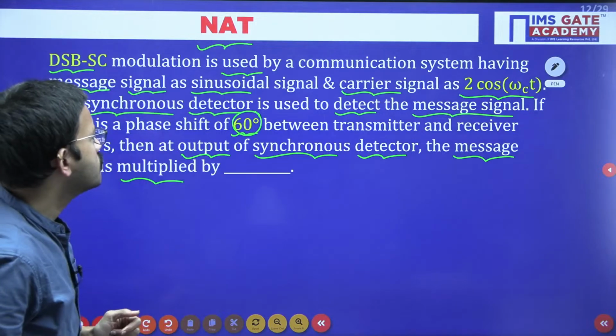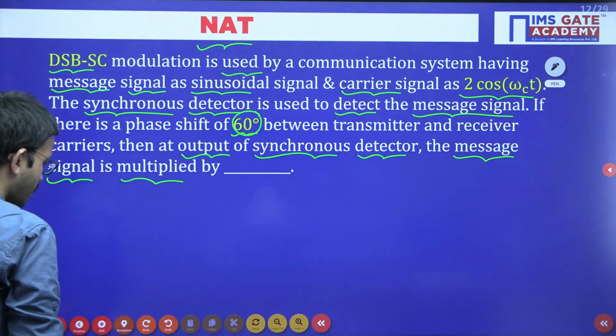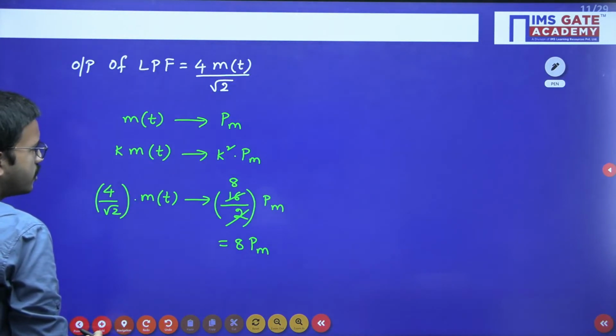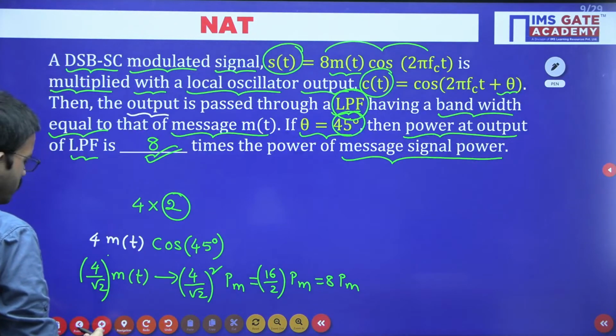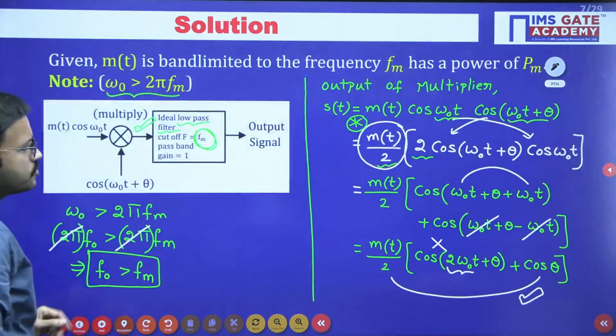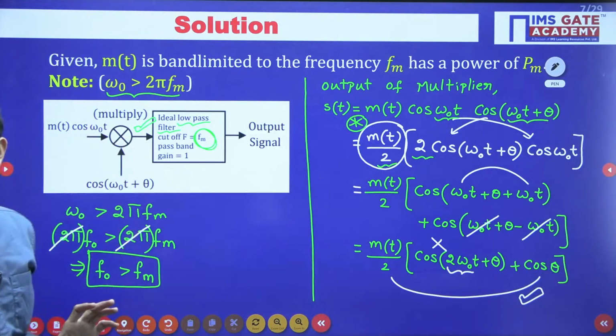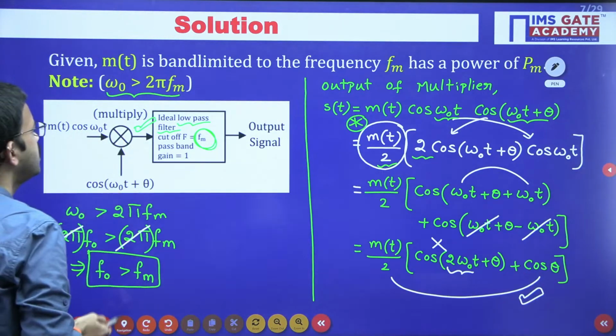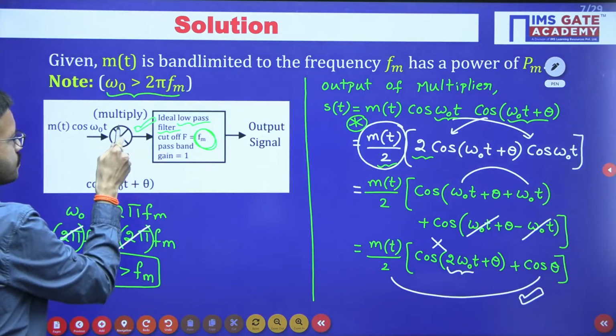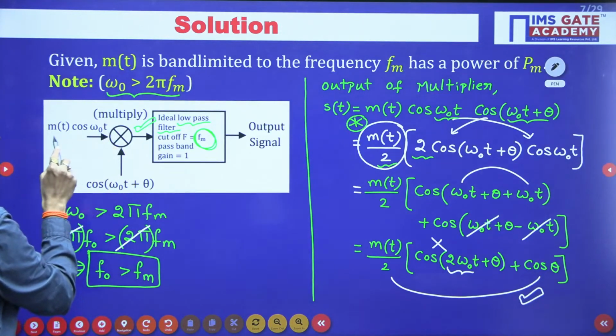Regarding the synchronous detector, I hope all of you are familiar. Whatever previous questions we have discussed, if you observe this block diagram, this is nothing but a synchronous detector. In the synchronous detector you will have a multiplier. For that multiplier you have two signals.